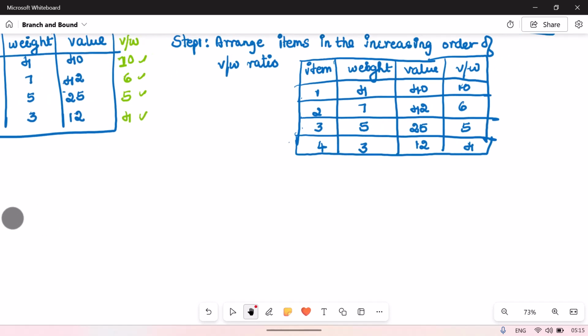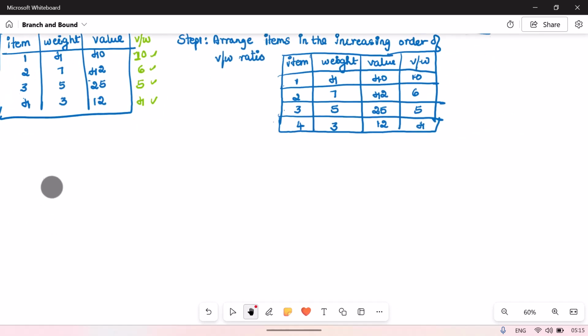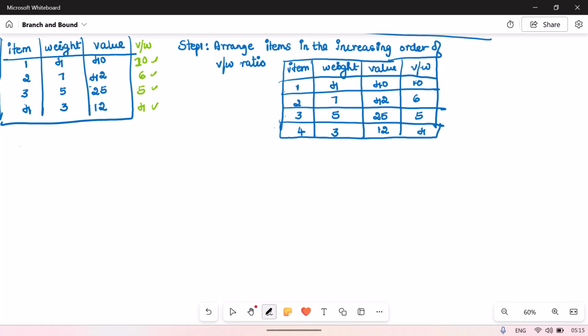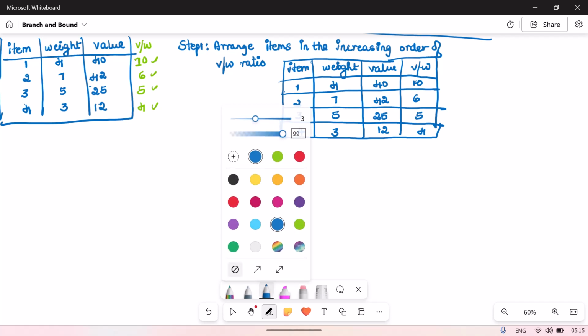Now let us go to step 2. Step 2 is constructing the state space tree. I'll use another color just to show the different step.